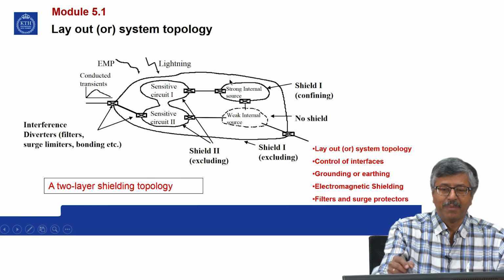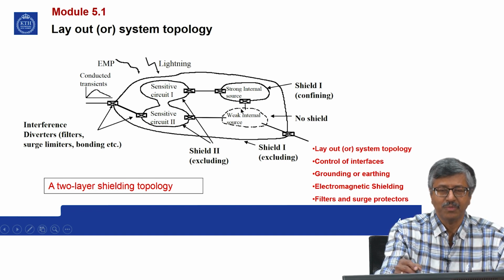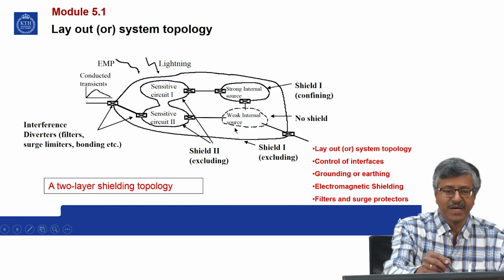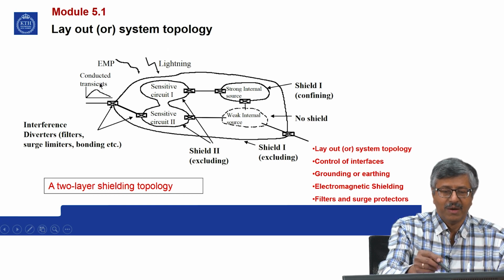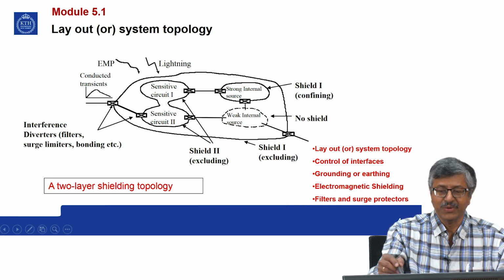It can be an airplane, or it can be a shielded enclosure, or it can be just a room where you have some sensitive equipment. So, outside you have a harsh electromagnetic environment. Both conducted transients and radiated transients can get into this area.